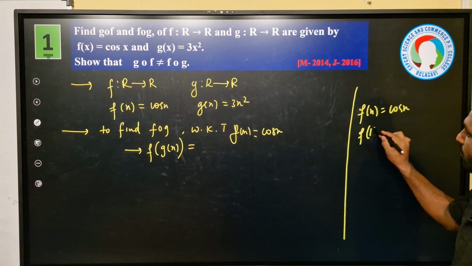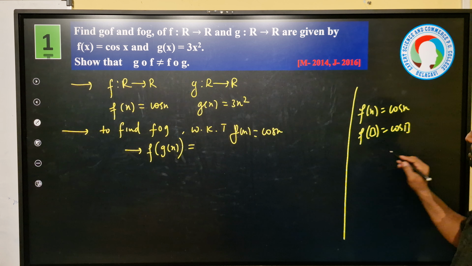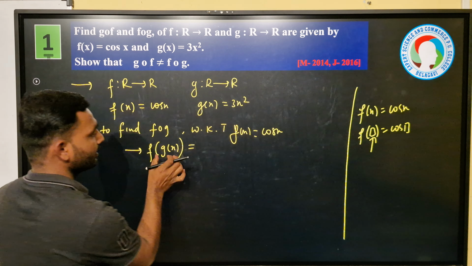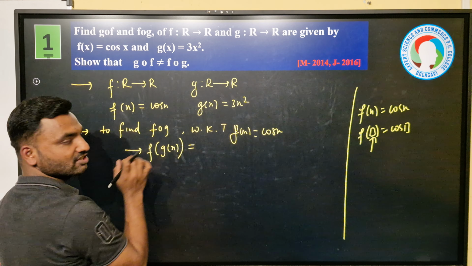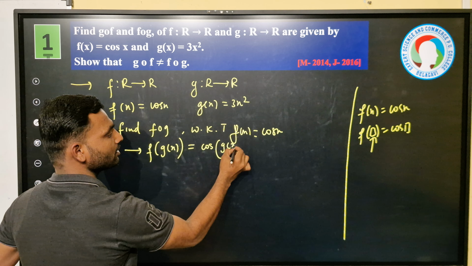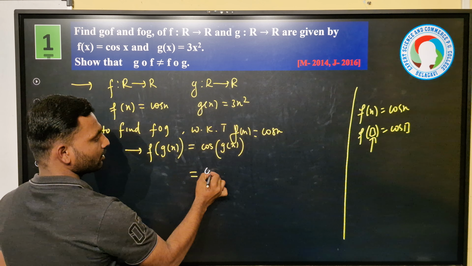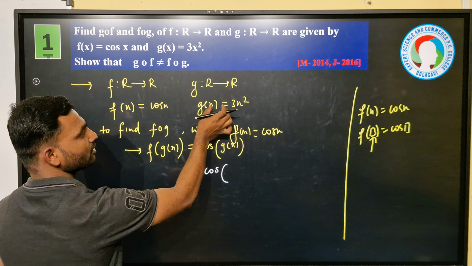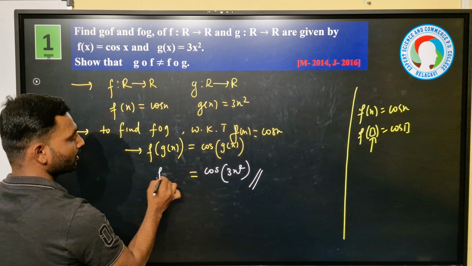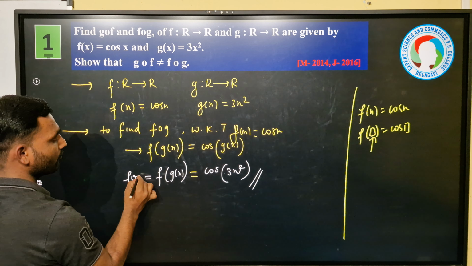It means f of box is cos box. So what is the value of the box here? Here it is g of x. In the place of x you change the value to g of x, then it is cos of g of x. Now change that value: cos of, what is the value of g of x? That is nothing but 3x square. This is your f of g of x.